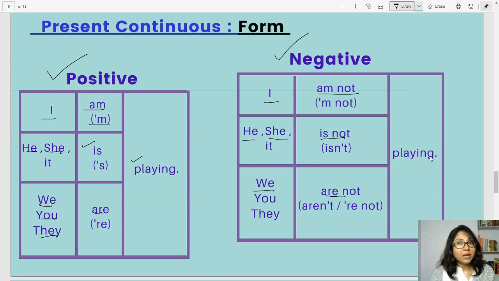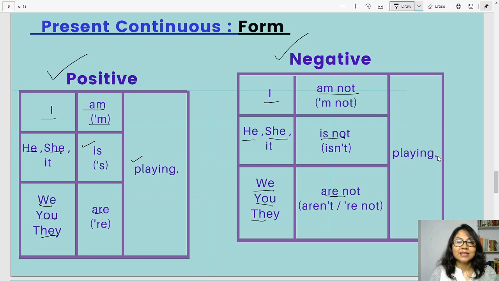We are not playing. We aren't playing, or we're not playing. You can say it either way. You are not playing, and again, you aren't playing. You're not playing. They are not playing. They aren't playing. They're not playing.